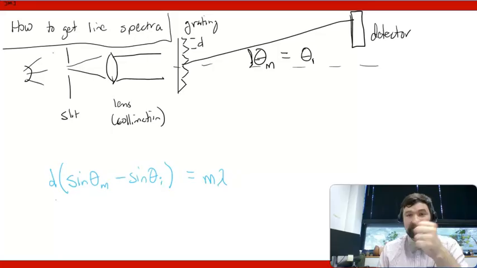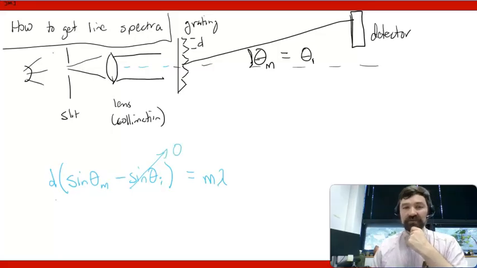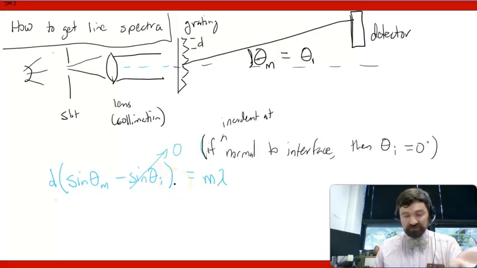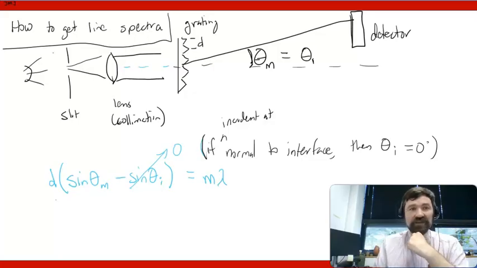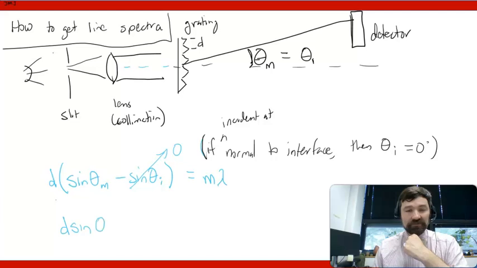Sine theta i is the incident angle, so if this right here happens to be entering at normal to the interface, this term right here actually goes to 0, then gives you the standard equation that you got from my earlier lectures and likely got from your book or learned in your class or what have you.